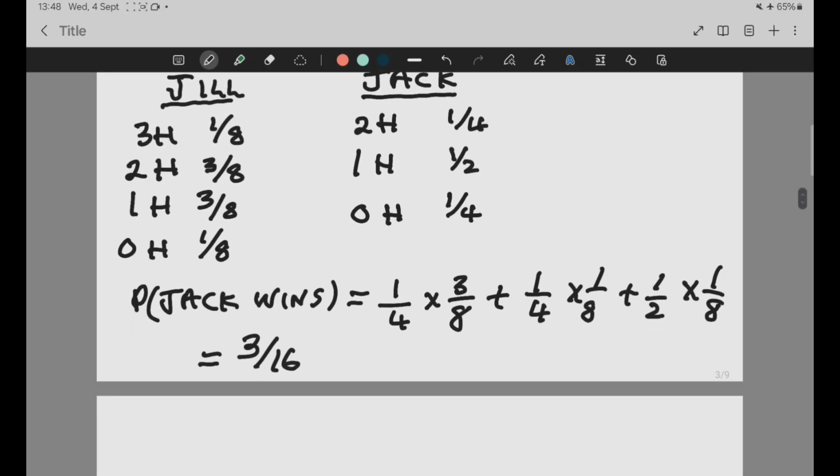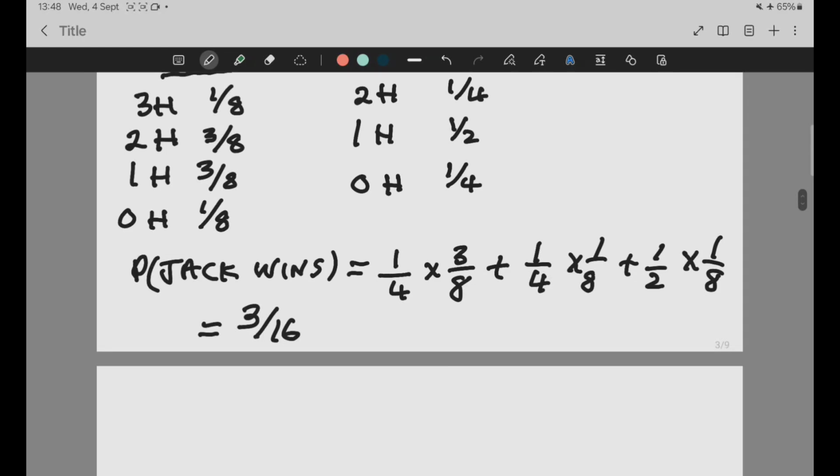Going through a similar procedure for Jill, we will find that, so this is part B, probability Jill wins will be probability that she has 3 heads and Jack has 2, which would be 1/32, plus the probability she has 3 heads and Jack has 1.